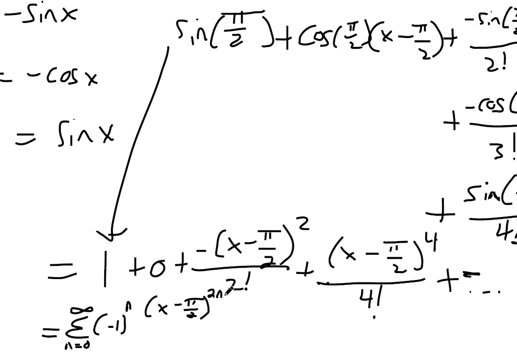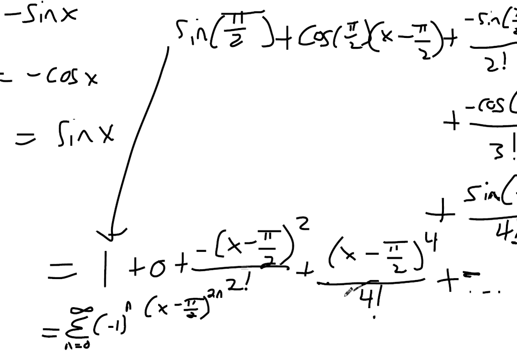It's just 2 times a variable, 2 times an integer, right? So 2n is even as well. If you plug in n equals 0, the thing becomes 1, and if you plug in n equals 1, then you get x to the second power.